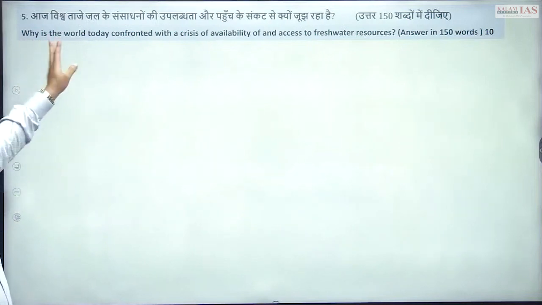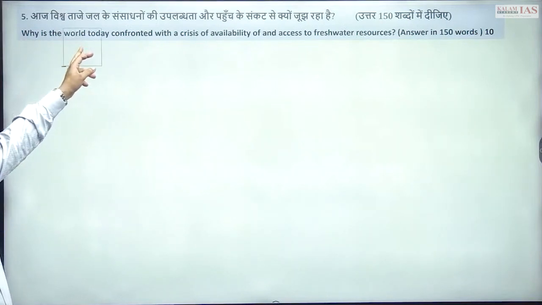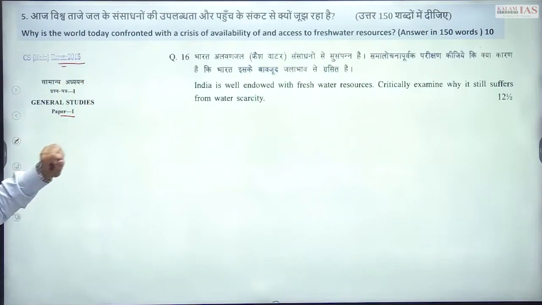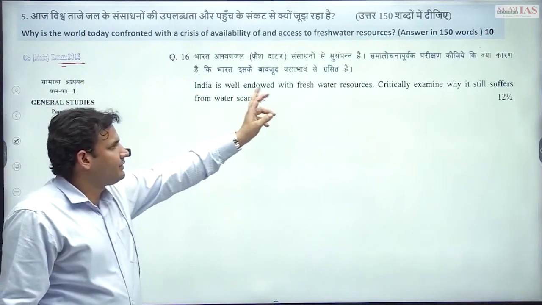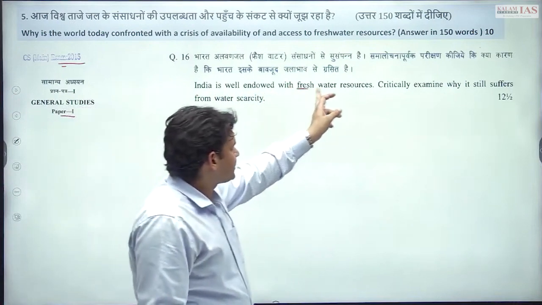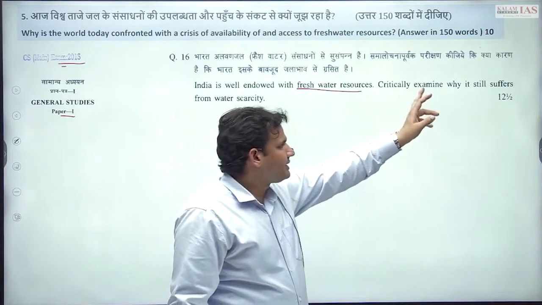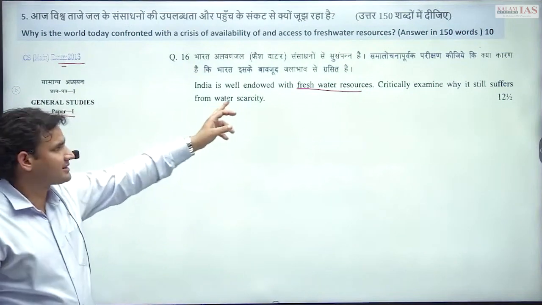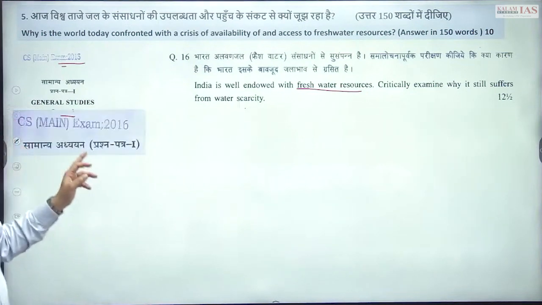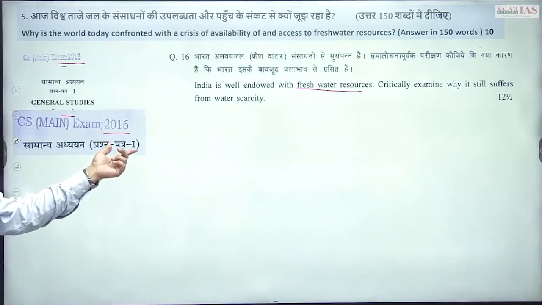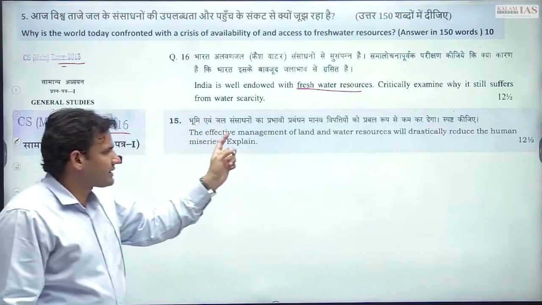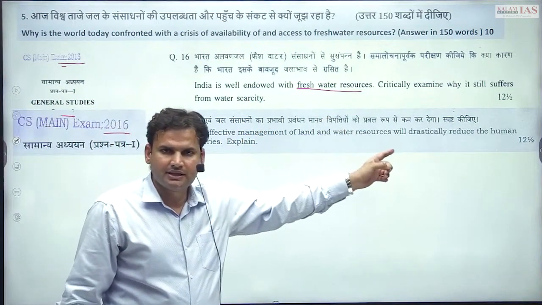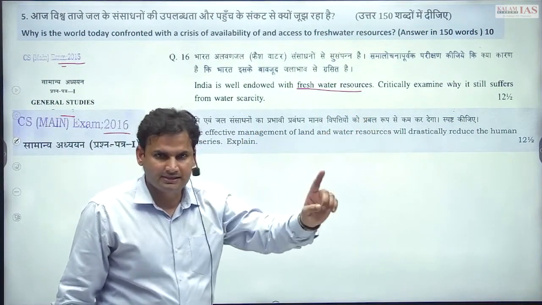तो 2023 इसी साल ये क्वेश्चन पूछा गया था. This we had seen. But 2015 GS paper 1, what was asked? India is well endowed with fresh water resources. Critically examine why it still suffers from water scarcity. 2016 GS paper 1, effective management of land and water resources will drastically reduce the human miseries.